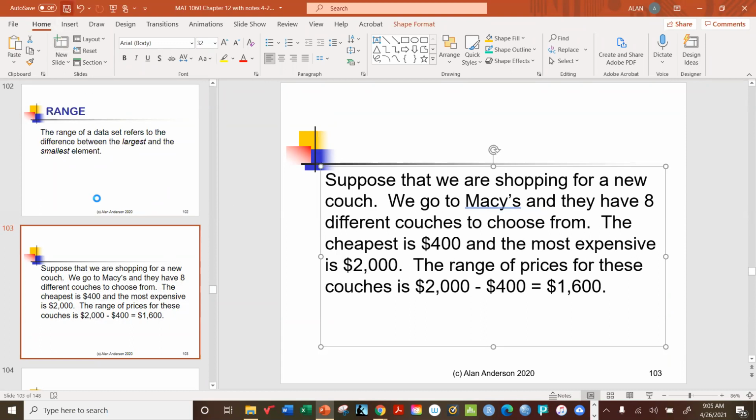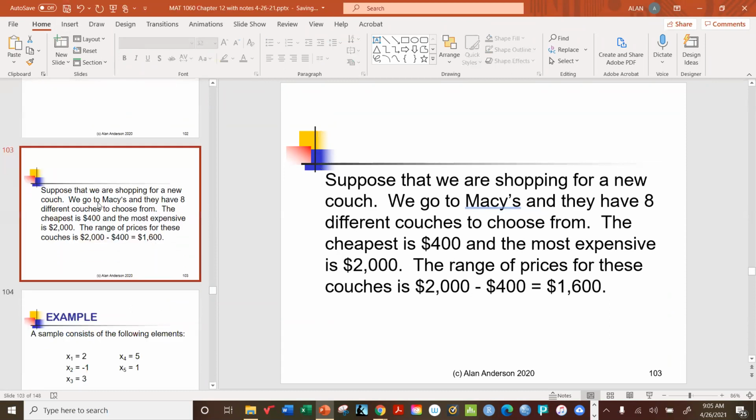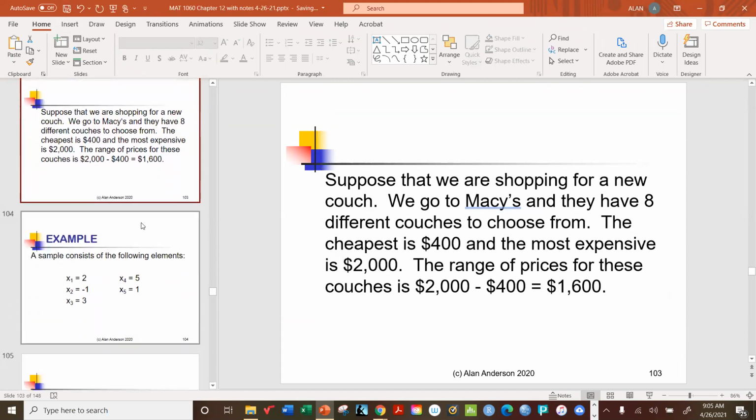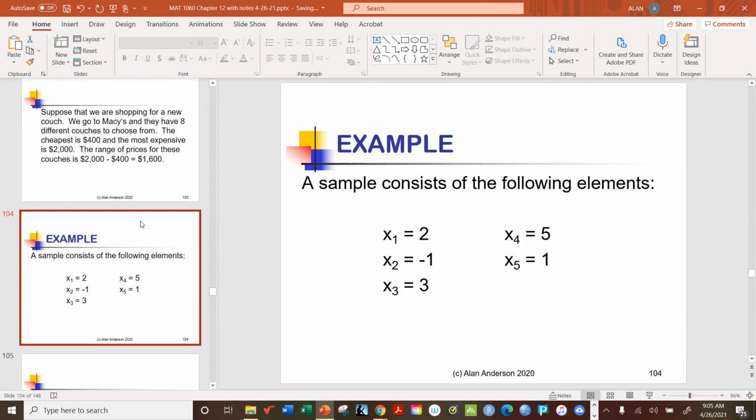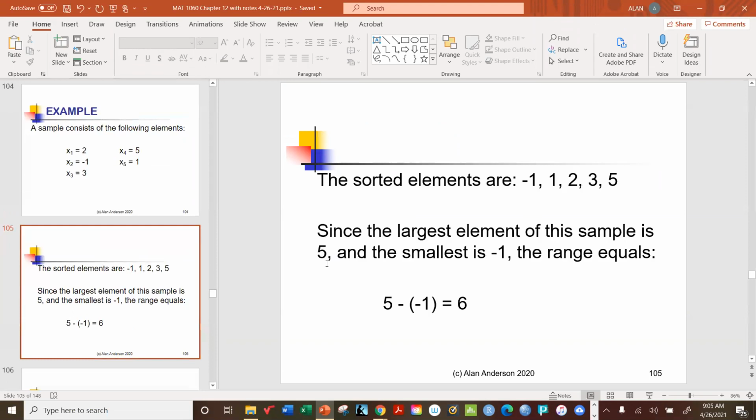All right, and there's a lot of applications for this. Here's one that we can do with actual numerical data. We've seen this one before. These are the elements we had in the sample that we've been using since the start of this chapter. Just like with the median and the mode, we have to sort these elements.